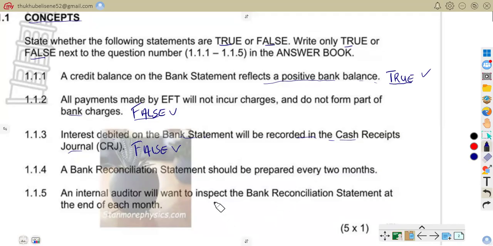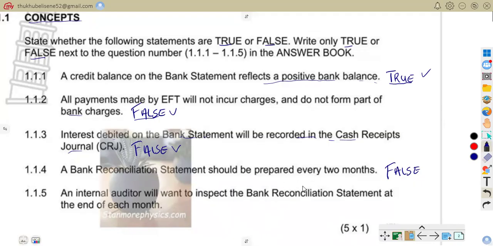It must be monthly, not every 2 months. Bank reconciliation must be done every month to quickly find errors.